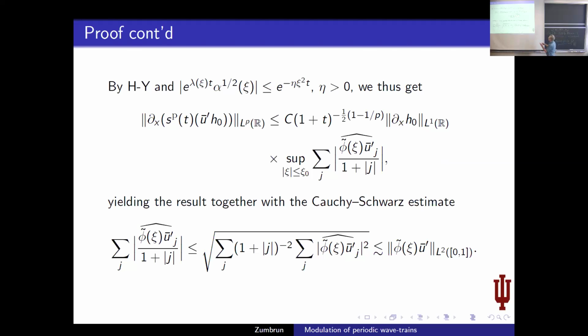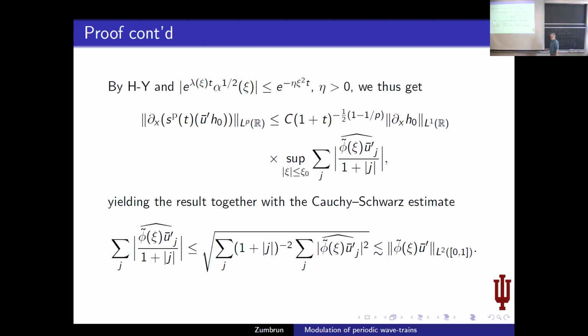This is harmless. This is on L2 of 0, 1. Both of these are nice bounded functions in lots of derivatives, so that's just a constant. That leaves us with a big constant from this sum times what's above, and what's above is our bound that we stated.